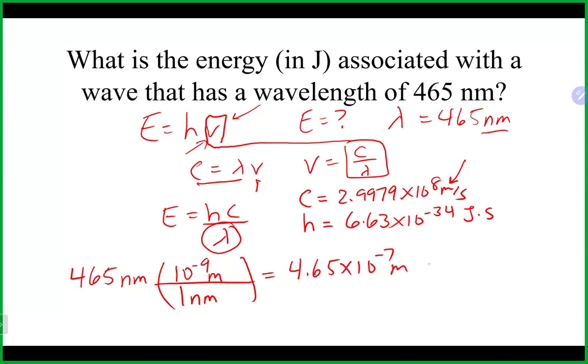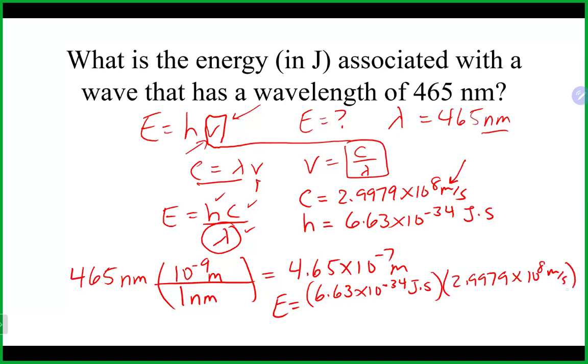Now that we have it in meters, we have basically all those things that we need here to get to our energy. So we'll go in there. We'll go with our 6.63 times 10 to the minus 34 joules times seconds for h. Our speed of light, 2.9979 times 10 to the 8 meters per second.